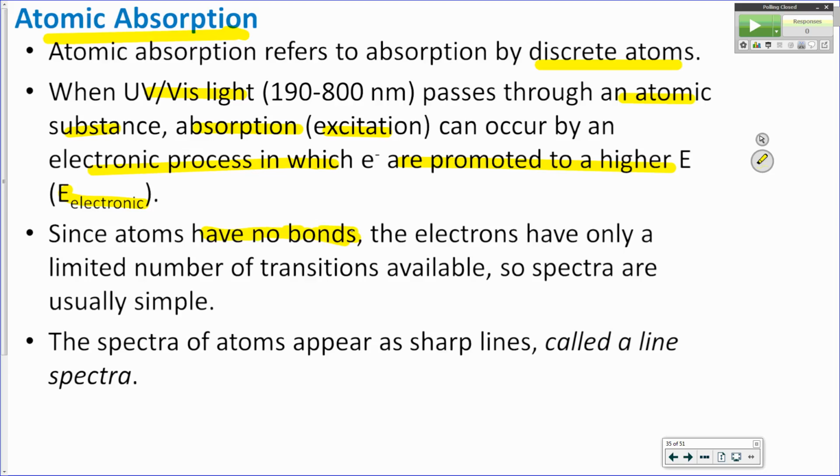They can't vibrate or rotate. That means there's only a limited number of transitions, so spectra are typically relatively simple with atomic species compared to molecular species. Because of that, we call these line spectra, because we'll see that the lines are very, very sharp.